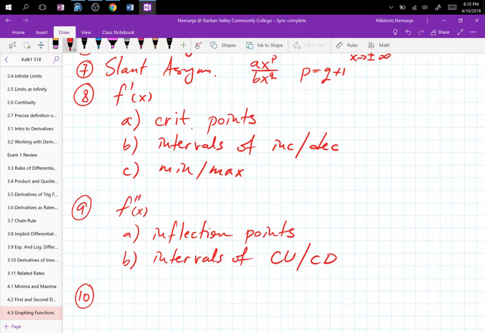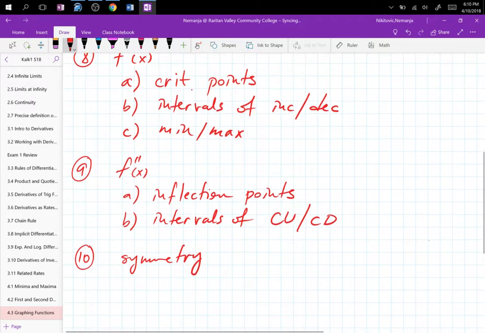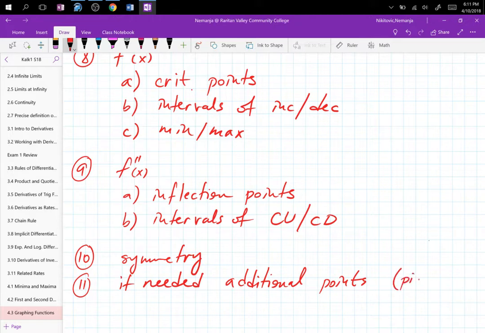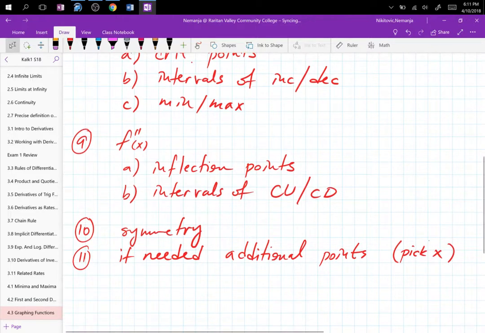Number 10, you can also get the symmetry. Most people don't bother. Number 11, if needed, additional points. I'm going to put in parentheses over here, pick x. You pick your x's.